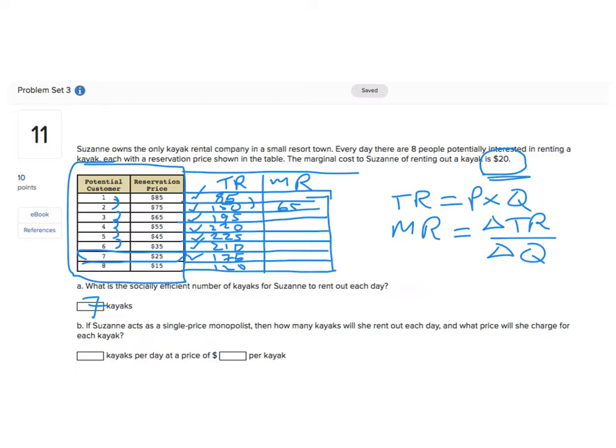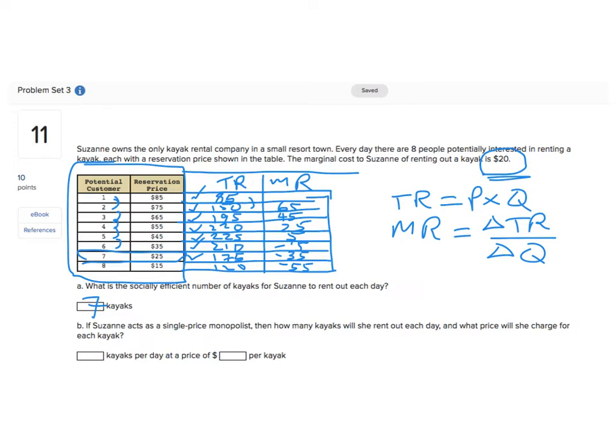And what we notice here: 65, 45, 25, 5, negative 15, negative 35, and negative 55. There's a regularity to these that you'll notice once you do a few of them.